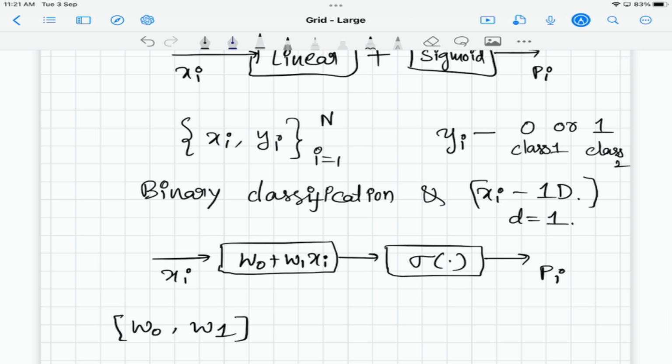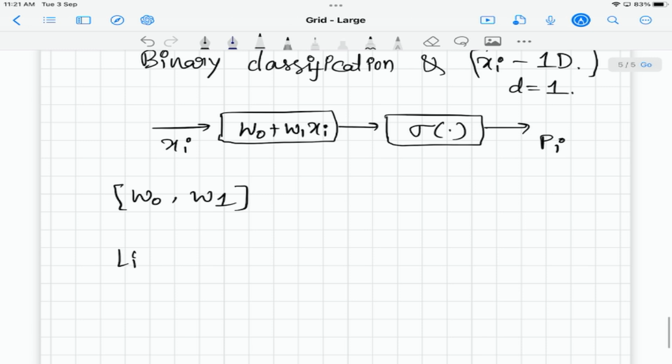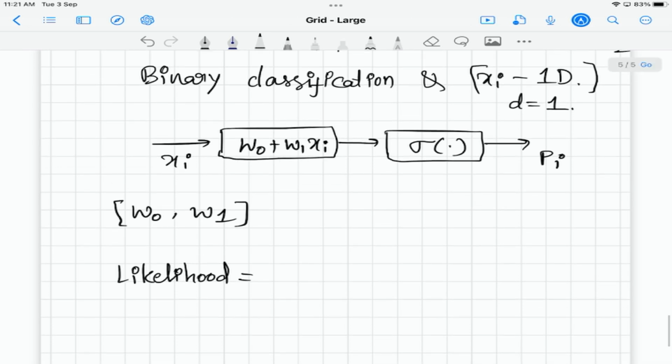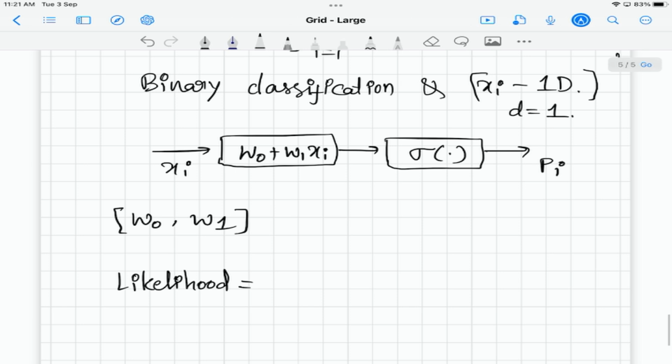So I will come up with a likelihood term to learn this model. Ideally, this likelihood should be maximum whenever my predicted label and my ground truth label match, and those two are probabilities.